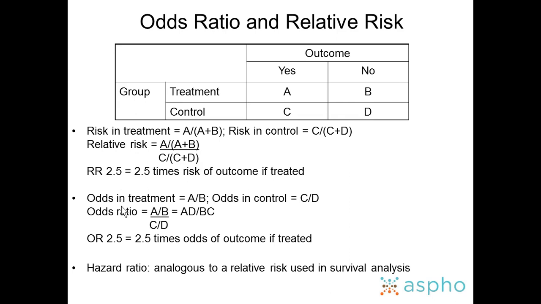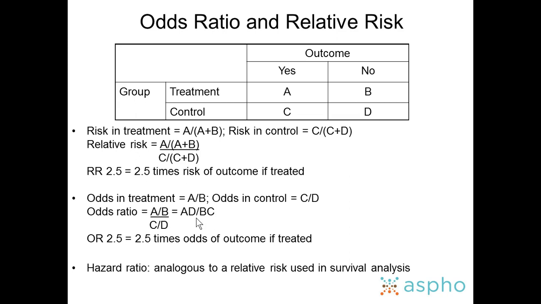Odds ratios are a bit different. Think about odds like horse racing. I don't know how many people do that anymore. But you think about gambling and horse racing, and people always talk about 2-to-1 odds. So here you're not looking at A over A plus B, but rather the ratio of A to B. So the odds of your outcome in your treatment group is A over B. Your odds of your outcome in your control group is C over D. So your odds ratio is the ratio of those two numbers.